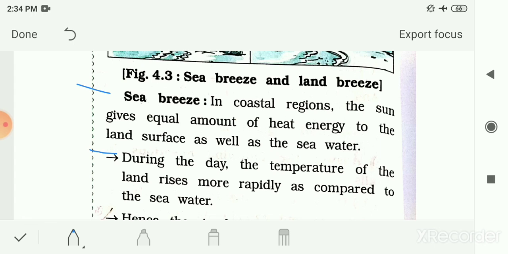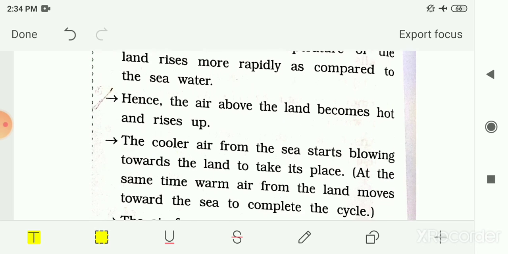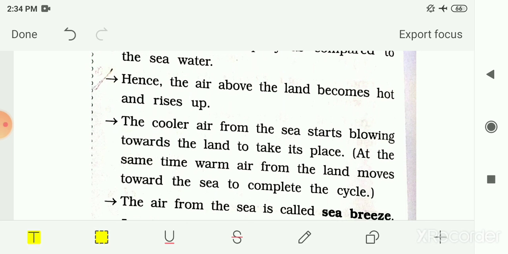The temperature of the land rises more quickly as compared to the sea, and hence the air present above the land becomes hot and rises up, and the cooler air present on the sea starts blowing towards the land.